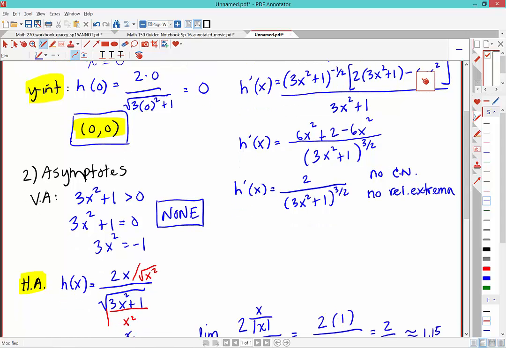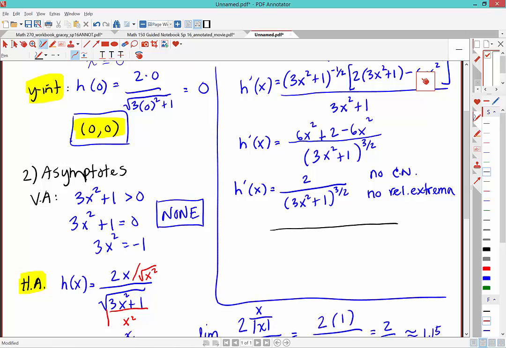But we can certainly figure out on which intervals our function is increasing or decreasing. So if we do a little test, basically, we had no critical numbers and we have no vertical asymptotes. So you test any number that you want in the interval.